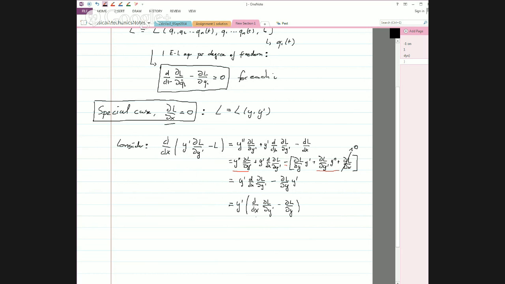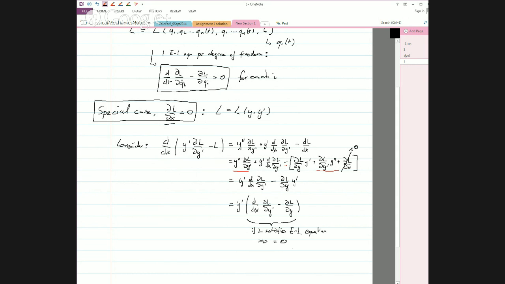Now, this term in parentheses should start to look familiar. It is, in fact, the Euler-Lagrange equation, right? It's d/dx of ∂L/∂y prime, minus ∂L/∂y. So, as we said, so far this is just an identity, but if L satisfies the Euler-Lagrange equation, then this term is equal to 0, right?